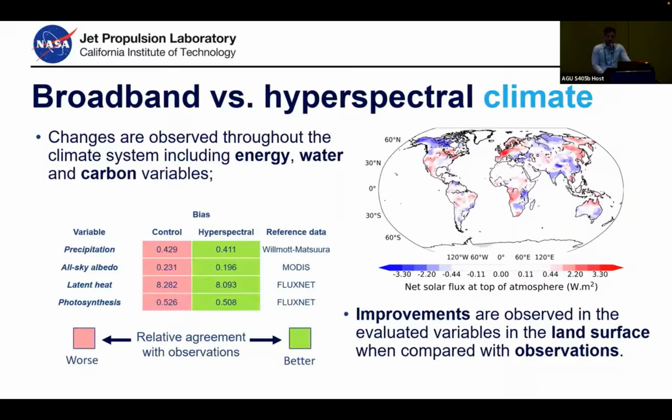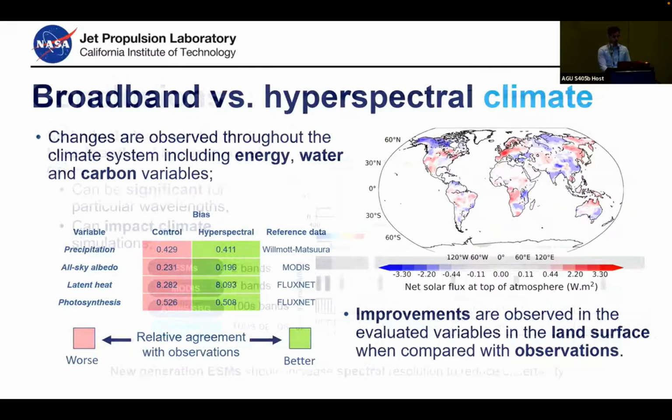For precipitation, all-sky albedo, latent heat, and photosynthesis, the global values showed reduced bias when we account for differentiation between blue and red light in these climate models. And so we were able to find some improvements in climate simulations by increasing the spectral resolution.